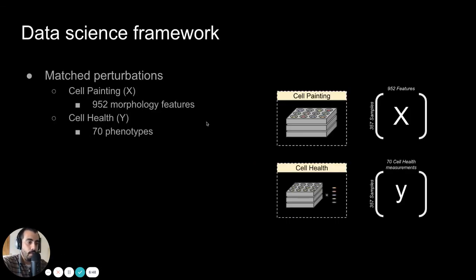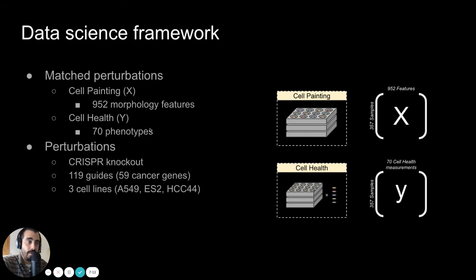And so a little bit more on the framework so that we can understand some model limitations and some of the limitations of our findings. We have matched perturbations, which enable this approach. So we have the same exact perturbations in cell painting as we do in the cell health assays. In cell painting, we measure 952 different morphology features, and in cell health, we measure 70 different phenotypes.